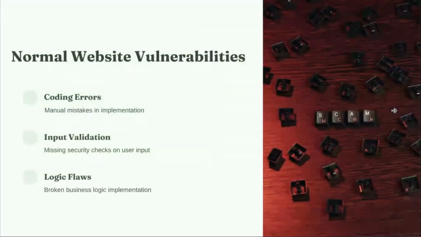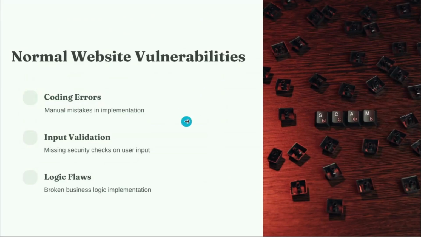Normal website vulnerabilities: you know about the common vulnerabilities like XSS, cross-site scripting, coding errors by the developers when developing the sites, input validation and input sanitization issues, and logic flaws that lead to broken business logic implementation. It's all common.